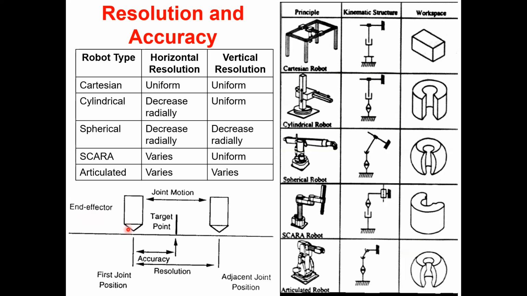So let's say you are doing laser cutting using a manipulator. This is the tip of the laser beam, where you get the laser beam, and you use it to cut material. This is the cutting point. When you move the position, you keep giving commands.